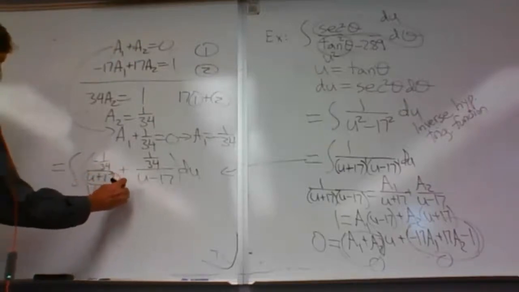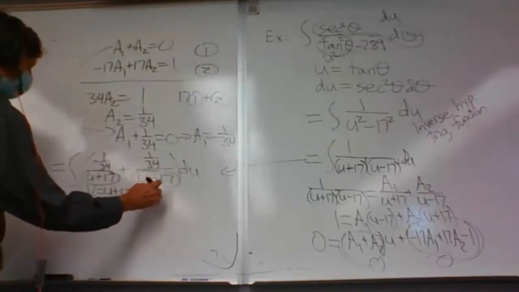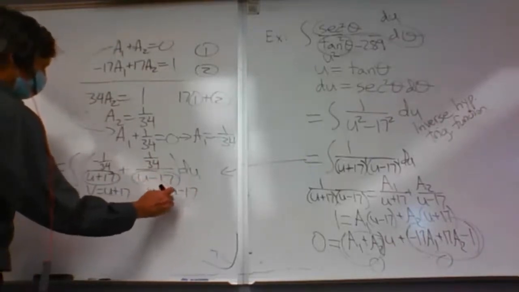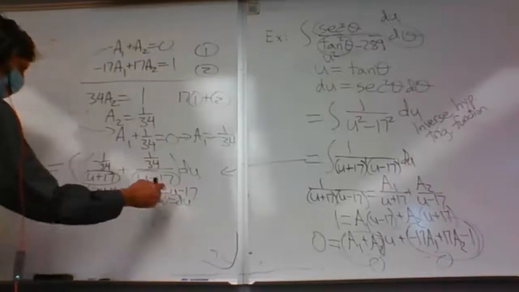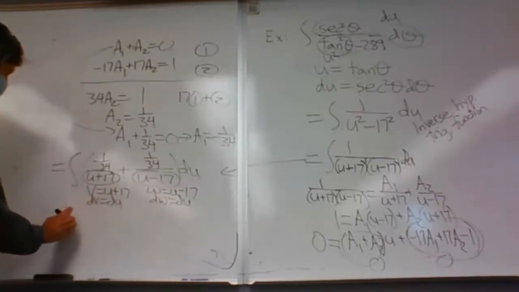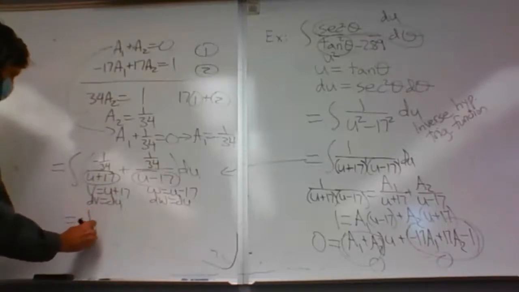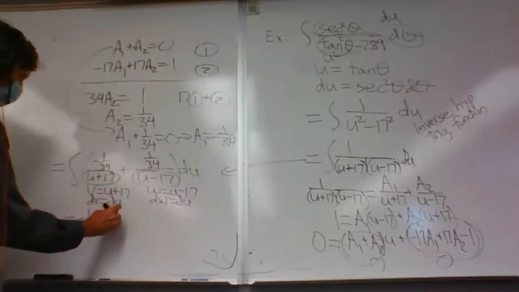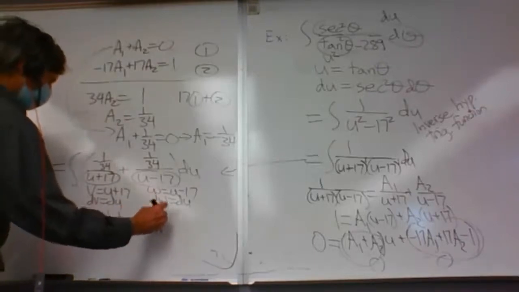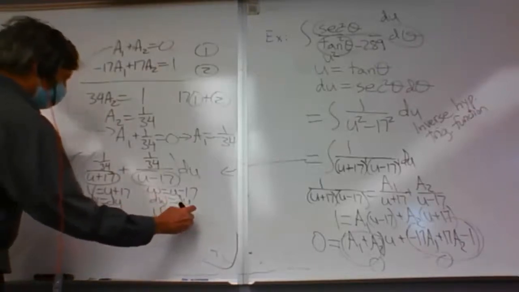All right, so each of these is easy to do, right? If you make a substitution, v equals u plus 17, and for this one, w equals u minus 17. Then dw is du, right? The derivative is 1 du. dv is du here, and this becomes minus 1/34. The constant comes out, integral 1 over v.